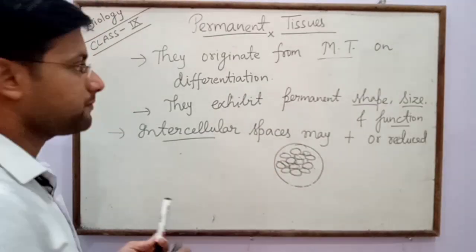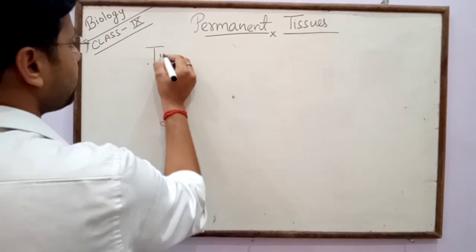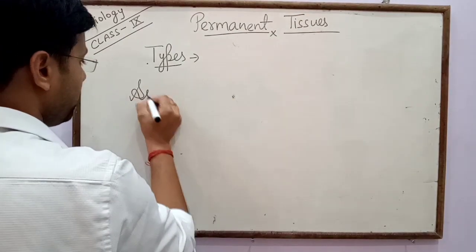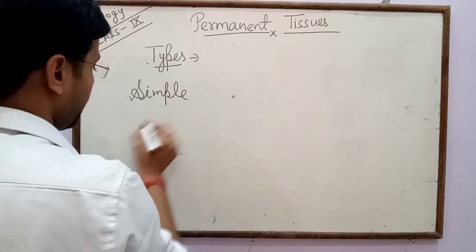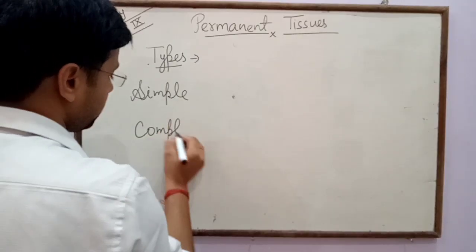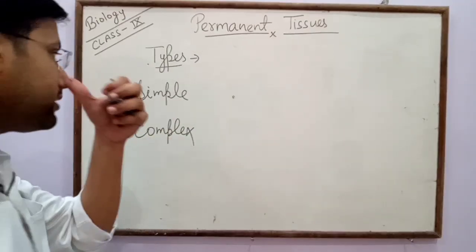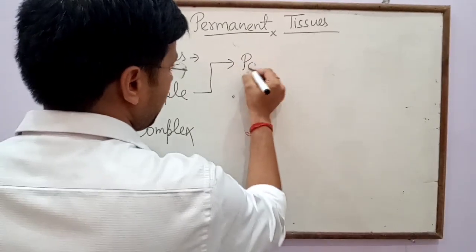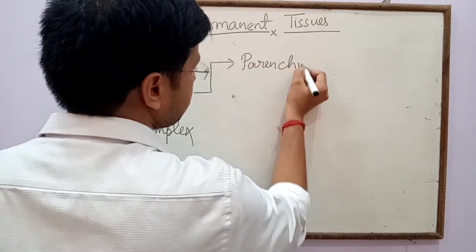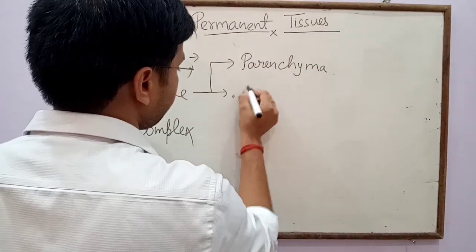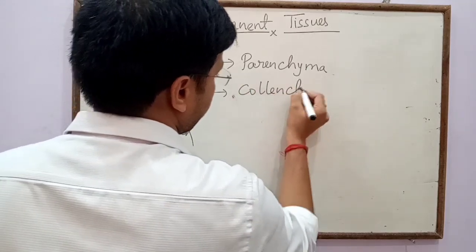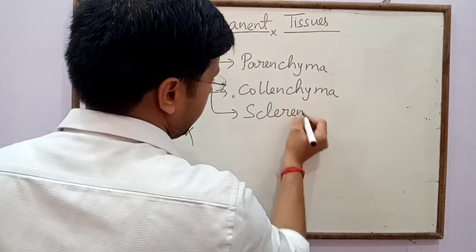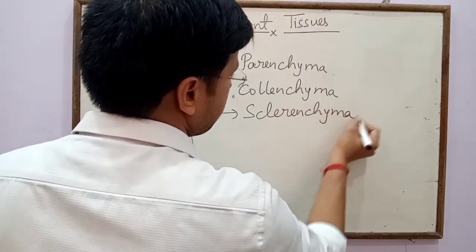Now about types. There are two types of permanent tissues: simple permanent tissue and complex permanent tissue. In simple permanent tissue, commonly parenchyma, collenchyma and sclerenchyma are the main types.